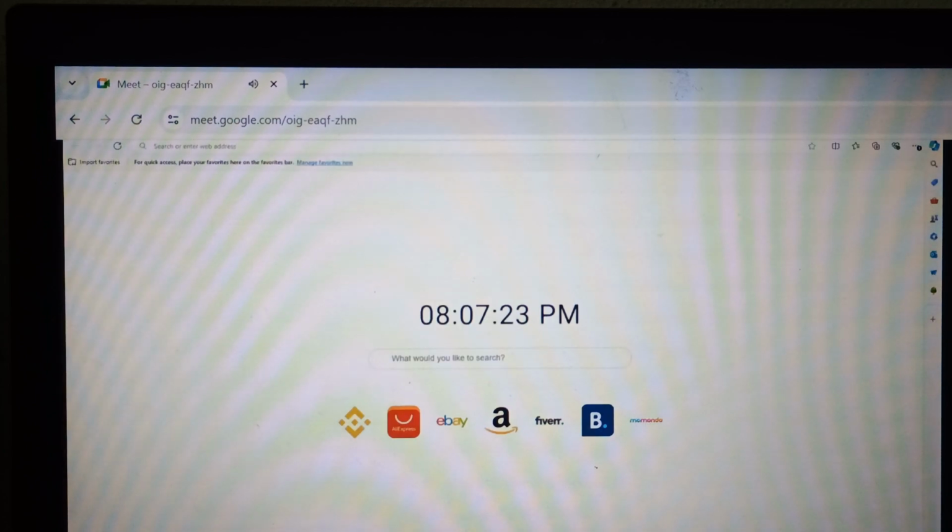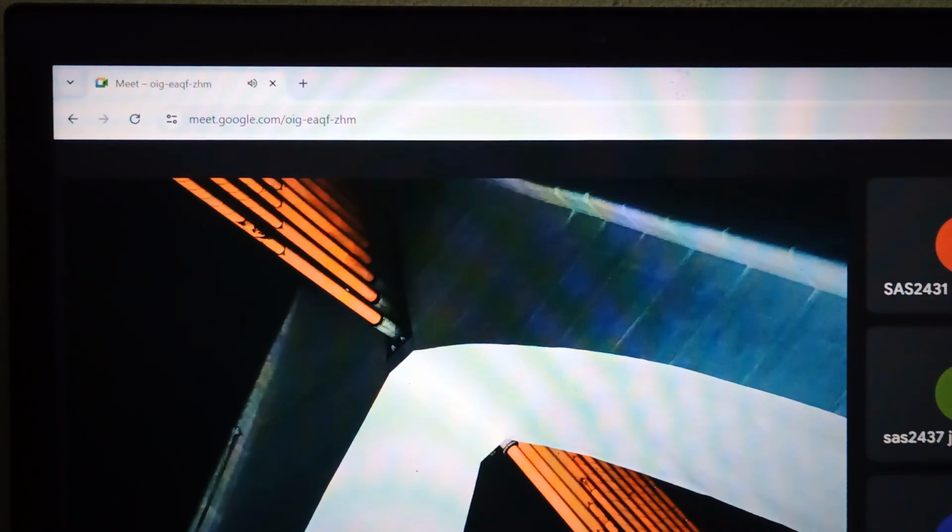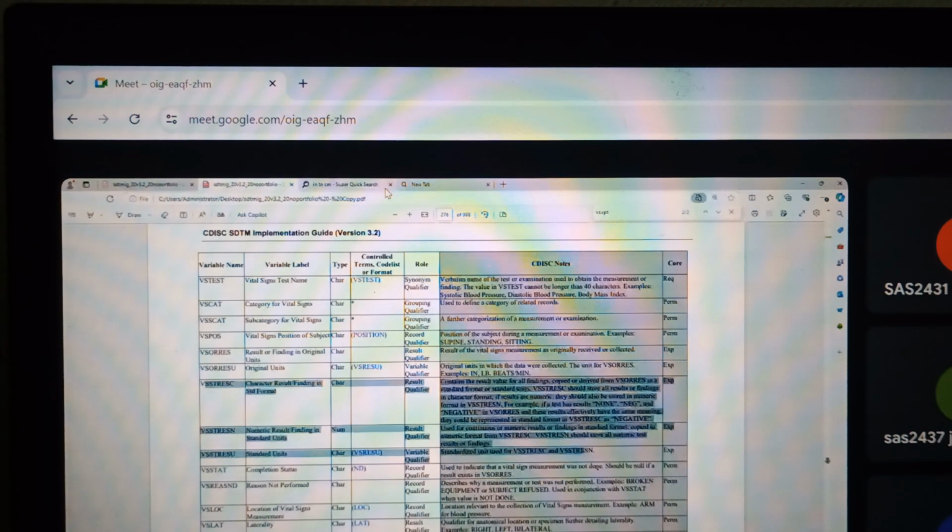Very commonly in the lab, whenever the original results and the standard results are somewhat different, then we have to convert the original results to the standard results by using the conversion factors.